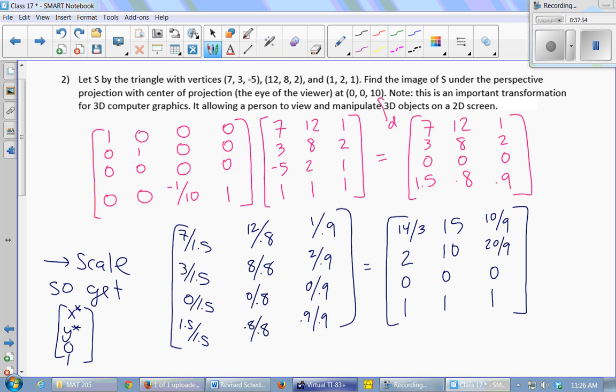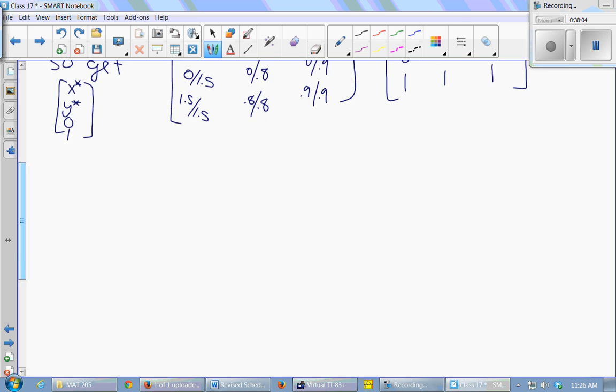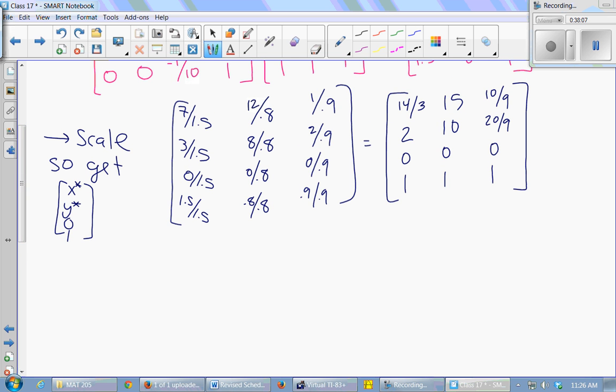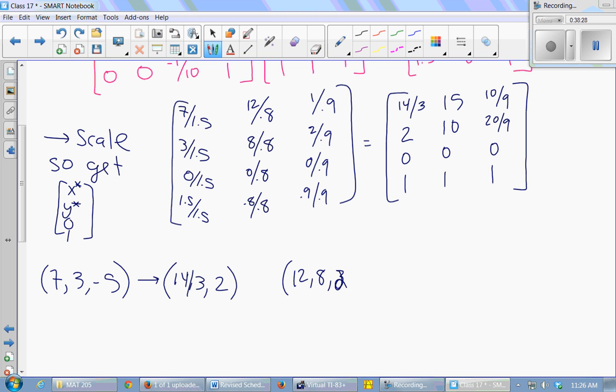And my 3D coordinates (12, 8, 2) get mapped to 2D coordinates (15, 10), using the projection, following the line from the viewer through the point in 3-space into 2-space.